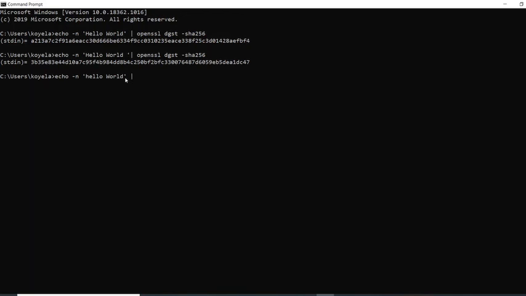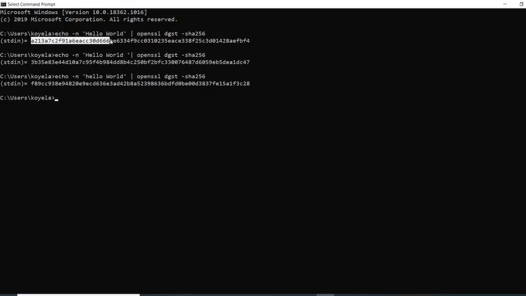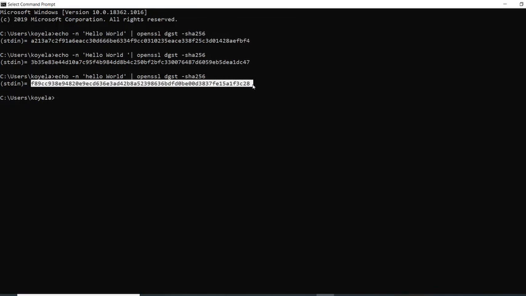Now let's see how the digest is computed here. Digest minus SHA256. This is quite different, right? It was A213, and this is a completely different digest that we get to see.